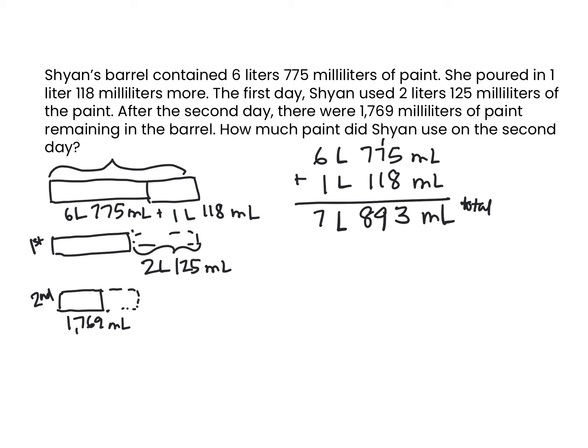All right. So we've got to find out how much we had left at the end of the first day. So in order to do that, as you can see, we need to do some subtraction if we look over here at this first day drawing. So we're going to start with our total, 7 liters, 893 milliliters, and we're going to subtract how much she used on the first day, which was 2 liters, 125 milliliters.